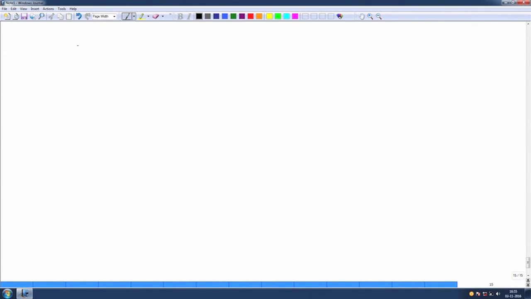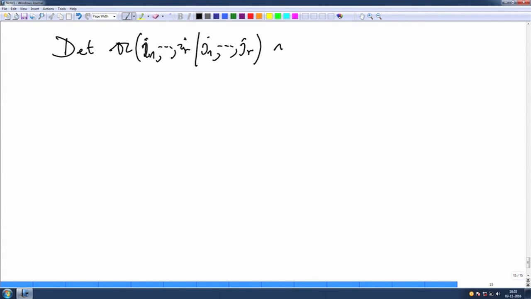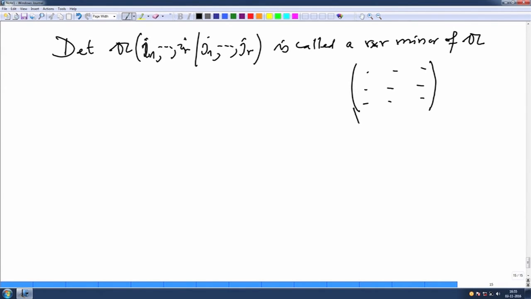Okay, so this is called an r-minor of A. The determinant of this, it is a square matrix now, the determinant of (i1 to ir, j1 to jr), is called an r cross r minor of the matrix A. There are many r cross r minors of A. For example, even if you take a 3 by 3 matrix or a 4 by 3 matrix, this is 4 rows and 3 columns.